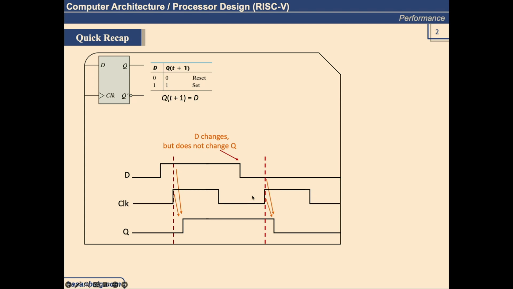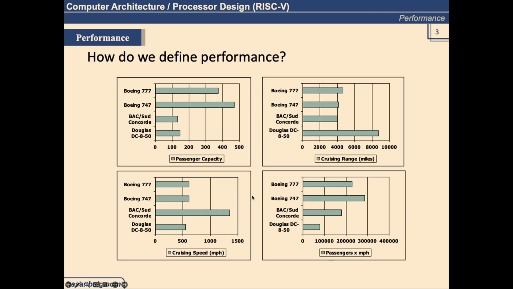All right, so based on this discussion, we need to proceed ahead with talking about performance. If I were to ask you how you calculate or evaluate the performance of an airplane, let's suppose we have to define the performance of an airplane in terms of speed. There are different metrics.